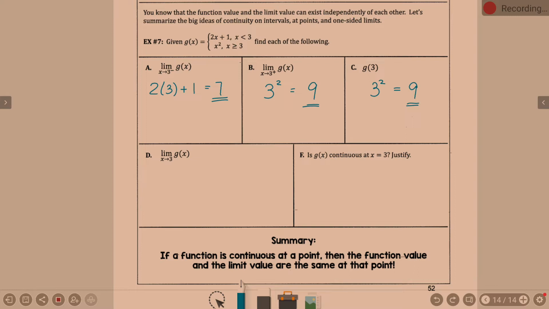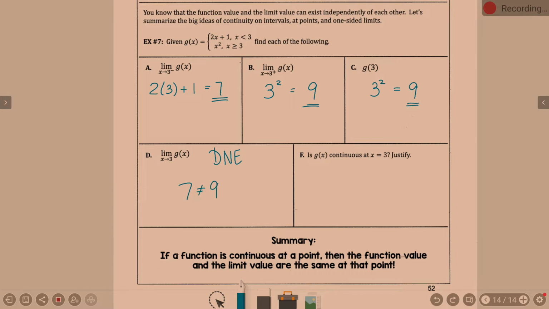You have the information. Use your already done problems. What do we know based on our previous answers? It doesn't exist, right? This limit does not exist.